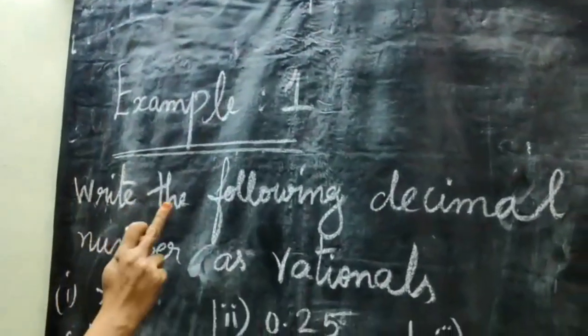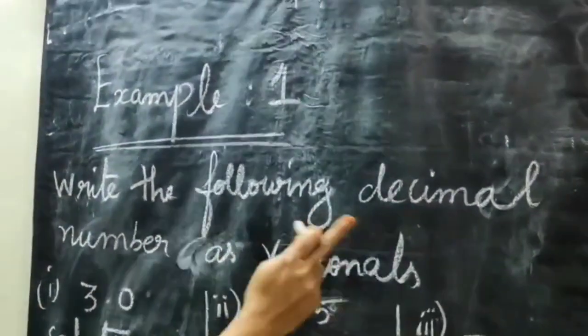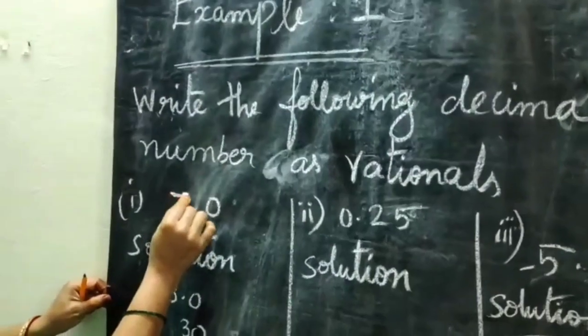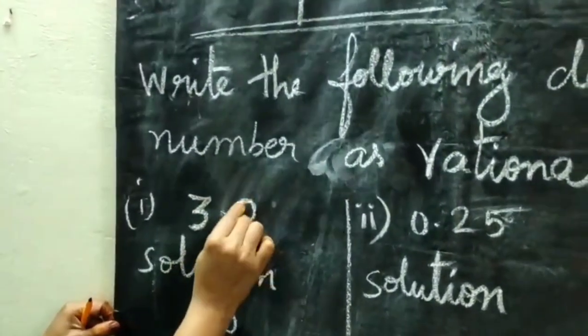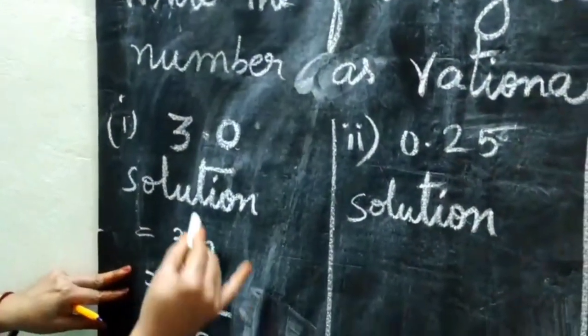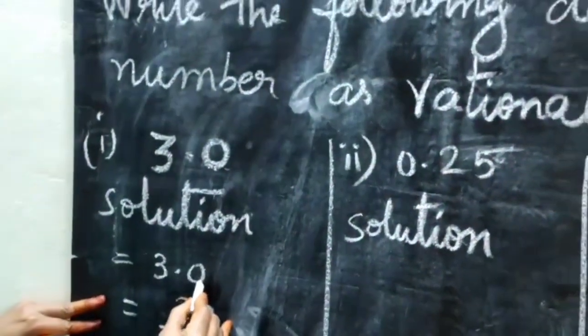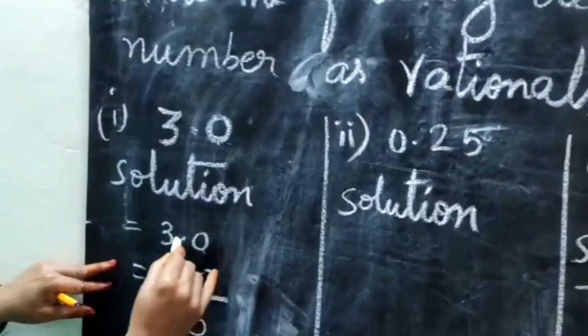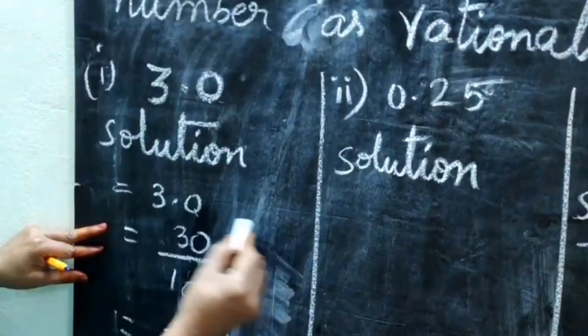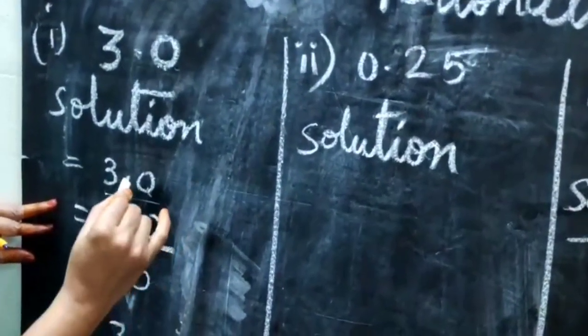Example 1. Write the following decimal numbers as rationals. First sum is 3.0. Solution: 3.0. Write the question again. After the point, how many numbers are there? Only one number. So remove the decimal point, you write 30.